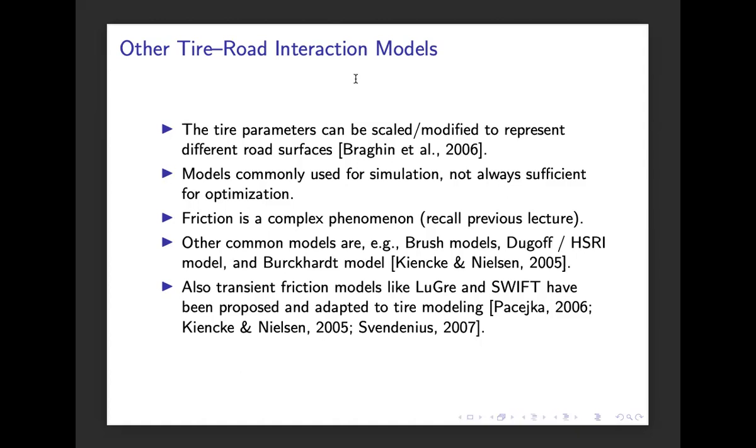But it has also been proposed to use more transient friction-based models like the LuGre and also the Swift model that has been proposed by Pacejka and co-workers. So tire modeling is an extensive research area, and depending on the fidelity of the model that we need, there will be differences in how we can apply this.